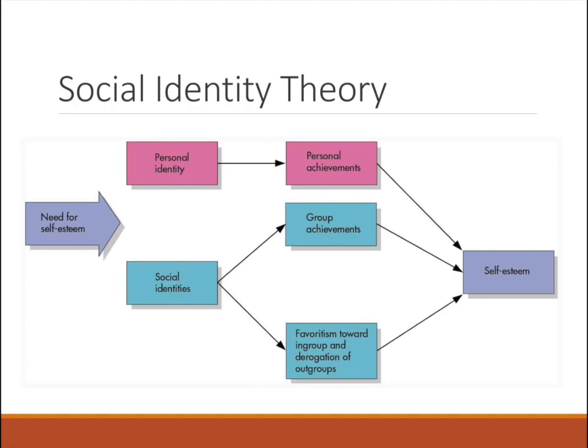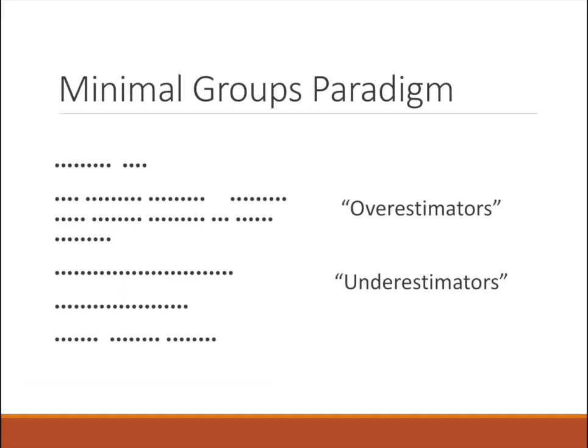Now, one of the areas of research that is quite fascinating when you look at social identity theory and prejudice is a particular way of doing research that's called a minimal groups paradigm. And over here on the left, you're seeing, of course, a whole bunch of dots. And imagine, instead of appearing permanently static like this, imagine the dots were flashing on the screen right now, right?